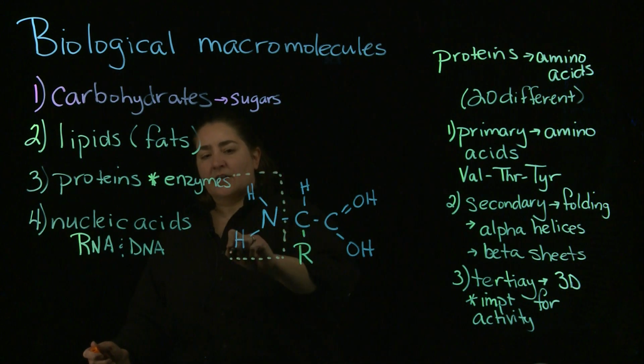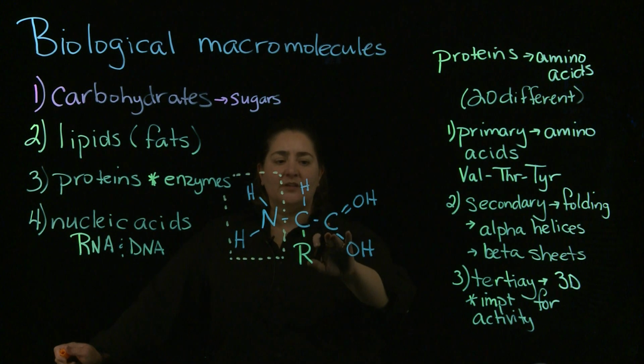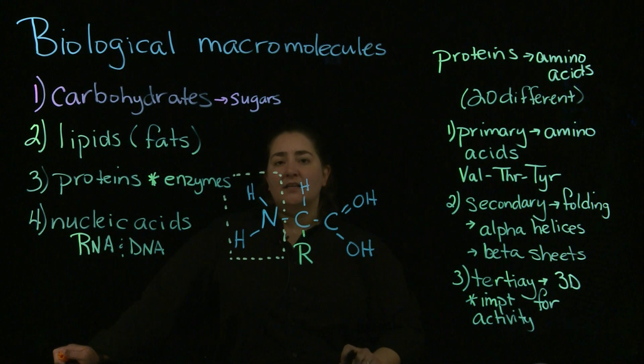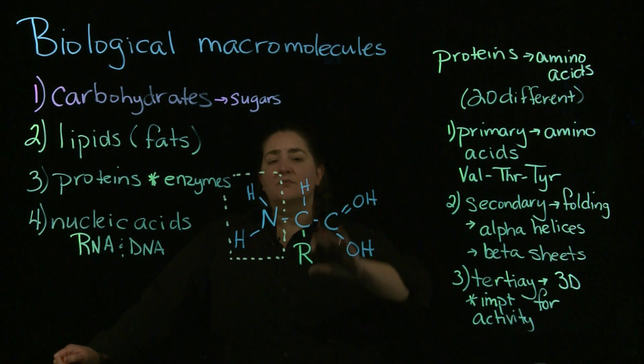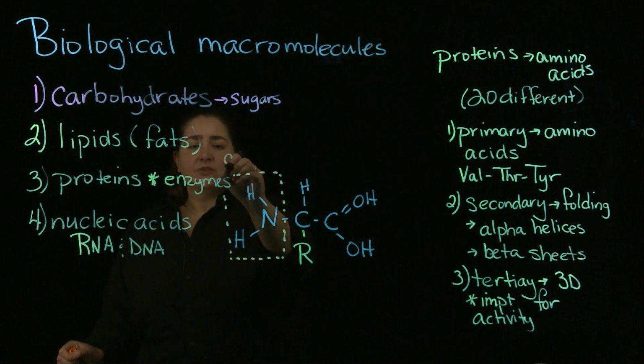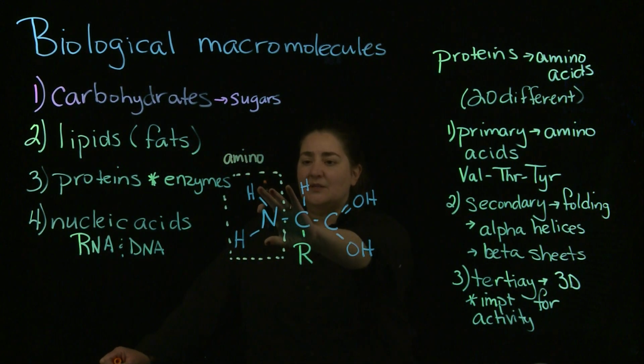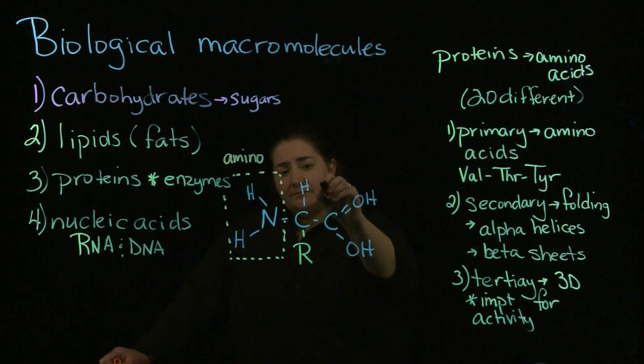You'll notice here I drew a nitrogen connected to a carbon, connected to another carbon, okay? Off of those main elements, we've got some functional groups that are attached to them, all right? In general, the N-terminal region of the amino acid is the amino part. That's because that nitrogen bound to the two hydrogens, that's an amine, all right? So that's an amino group.